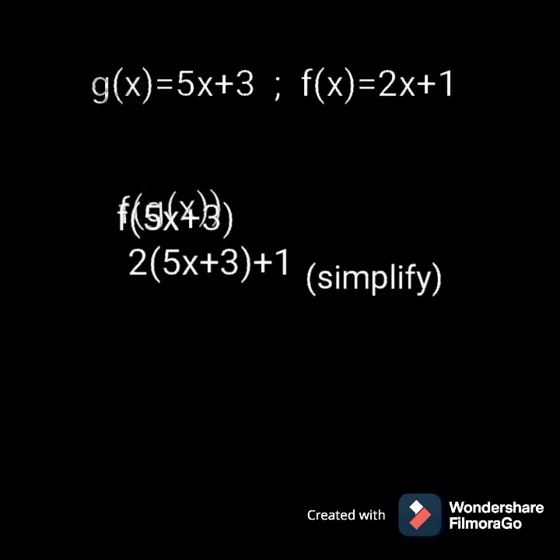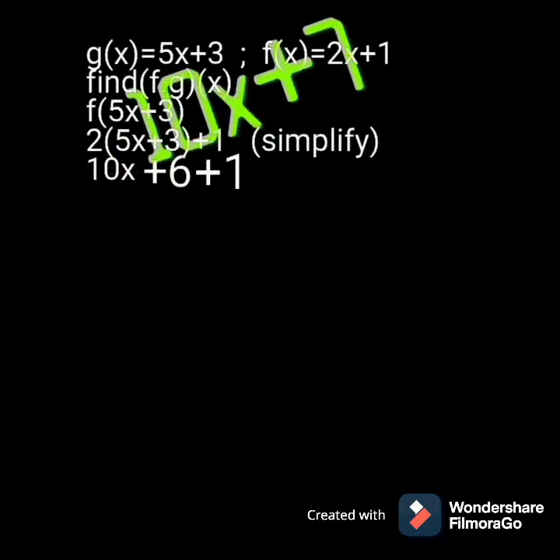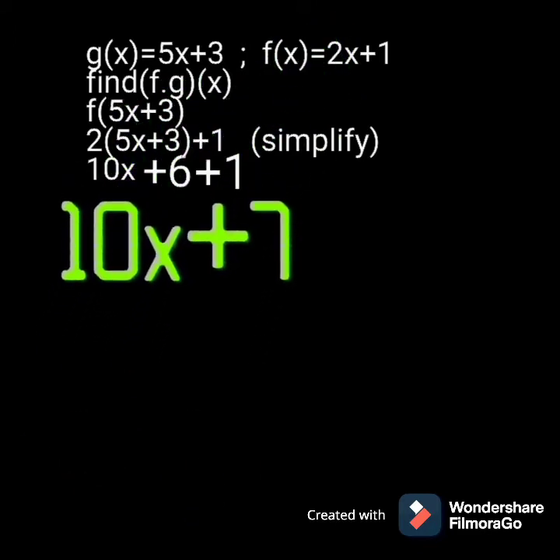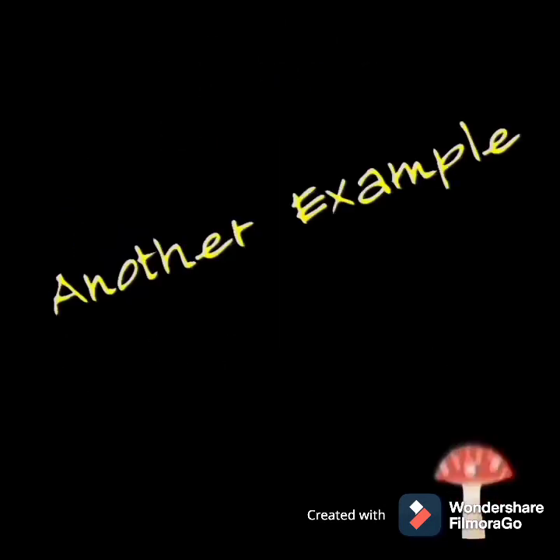Simplify: 2 times 5x is equals to 10x. 2 times 3 is equals to 6. Then copy plus 1. So 10x plus 6 plus 1 is equals to 10x plus 7. So f composed of g of x is equals to 10x plus 7.